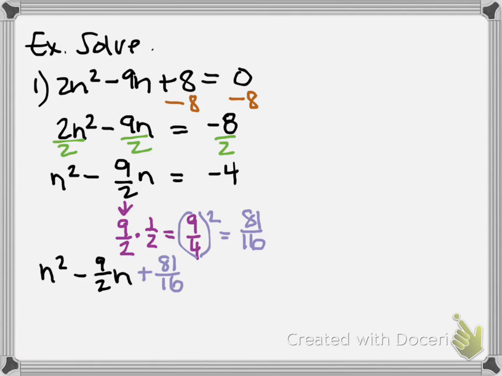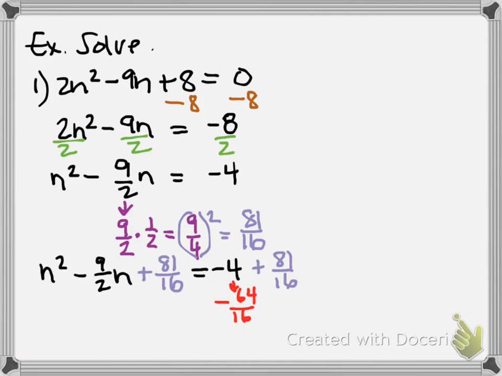Where it causes the problem is really on the other side, because now I'm going to have to figure out how to add a fraction to a whole number, or an integer. So what I'm going to do on the right side is rename negative 4 as a fraction with 16 in the denominator, and that would give me negative 64 in the numerator.